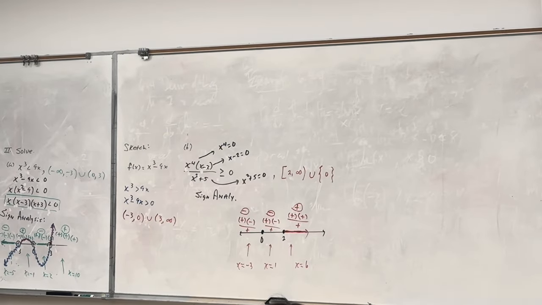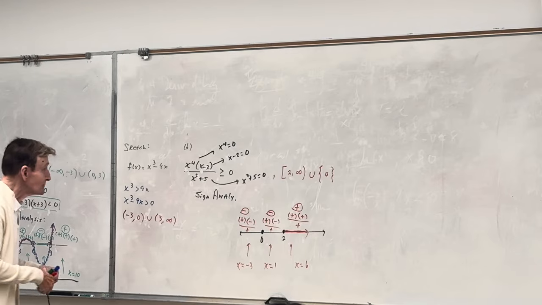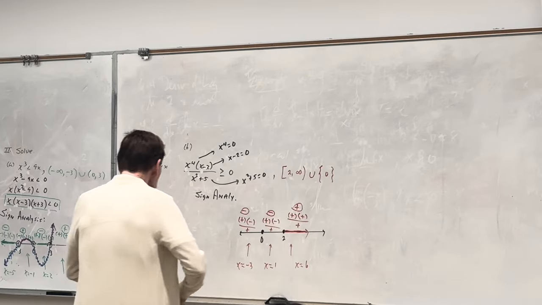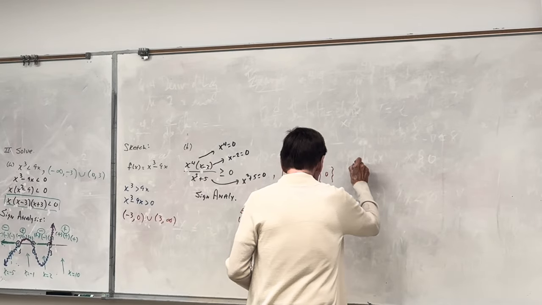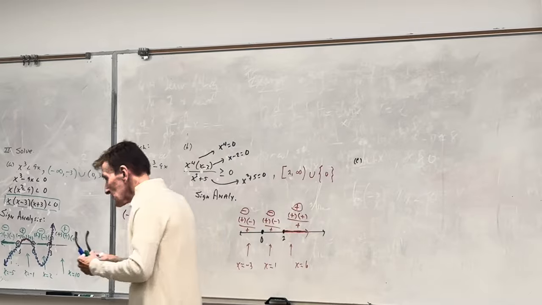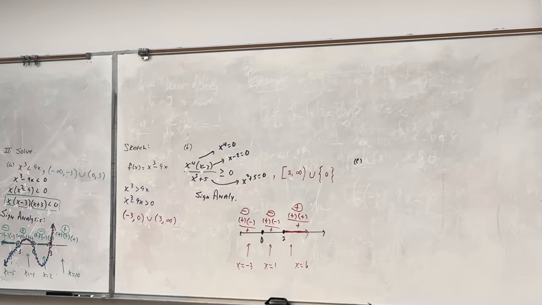Let's go back to functions. Here it is. Letter C. I've got to watch that time here. We're doing well though. Letter C looks like this, the last one. Solve.